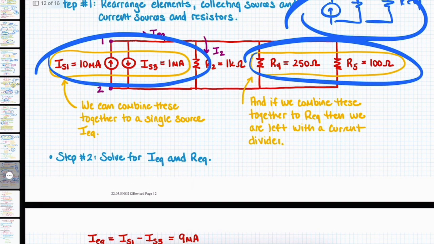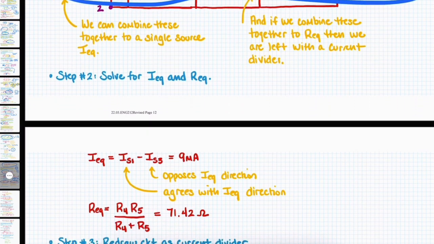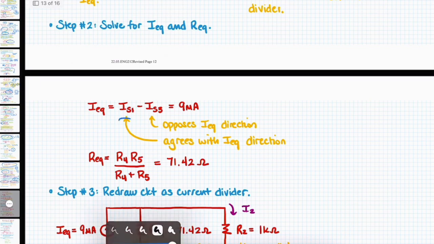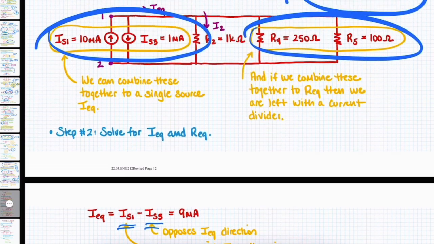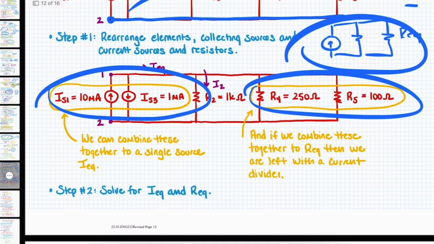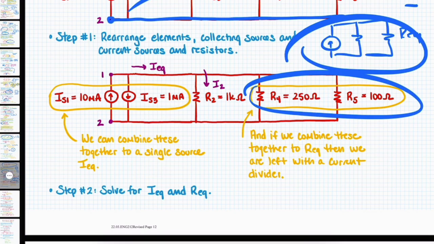So what's the I equivalent? The I equivalent is going to be IS1 minus IS3. Why not plus? If we look up above here, we can see that we have determined the direction of I equivalent as flowing upward and to the right, depending on how you want to look at the orientation.